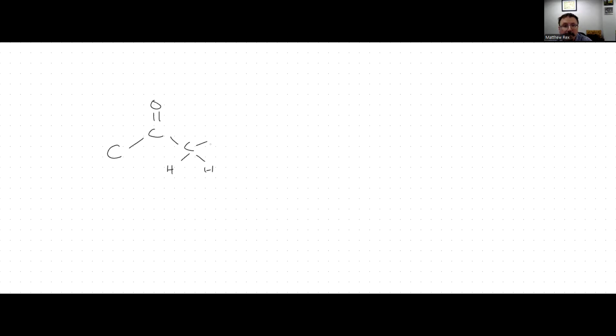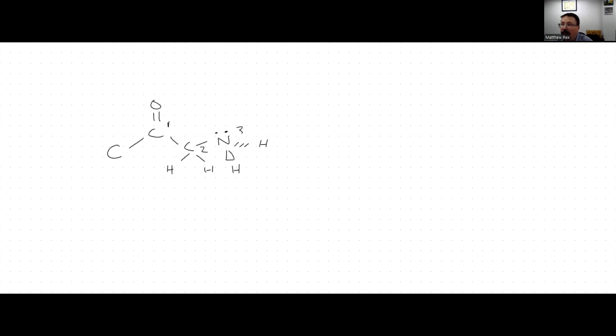And then that nitrogen has a lone pair and 2 hydrogens on it. So we want to know what's the geometry of 1 and 2 and 3.